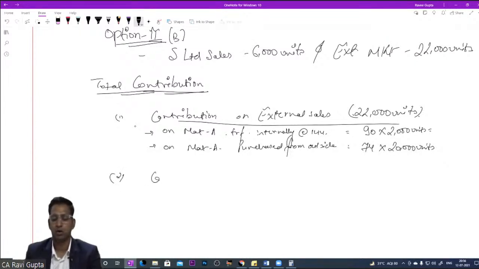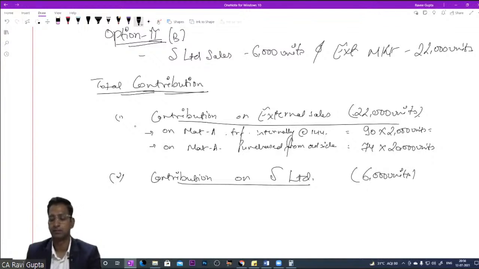And second, contribution on S Limited 6,000 units on material A purchased from outside.